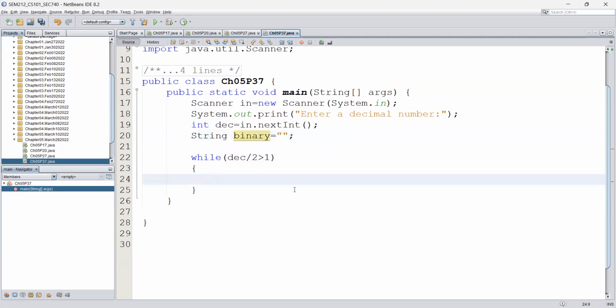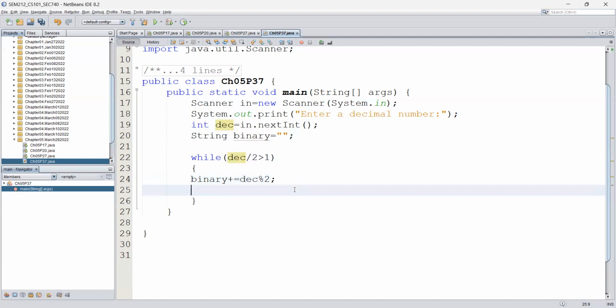Okay, so what should we do? Binary equals, or let's say binary plus equals decimal modulo 2. So all the divisions where it will produce remainder 1 will be added as 1, where it will produce remainder 0 will be added as 0. Okay.